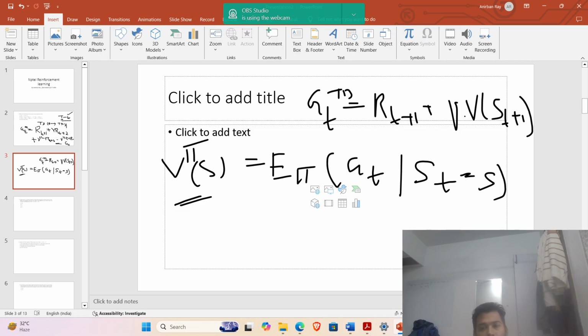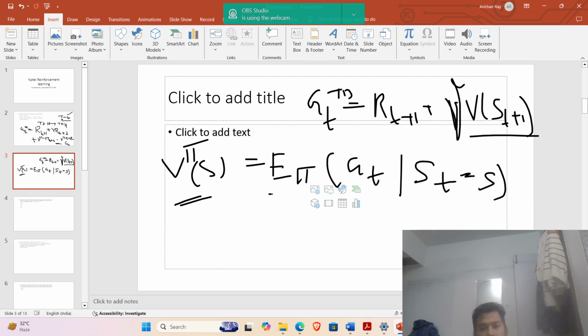So this is nu, and this is for the S_{t+1} state, this is where it comes in. The expected reward is given by the value function, so we replace it by the value function. Approximately it is that.